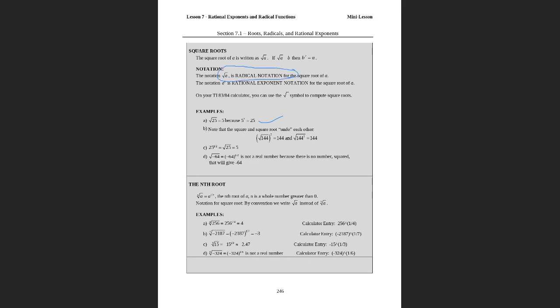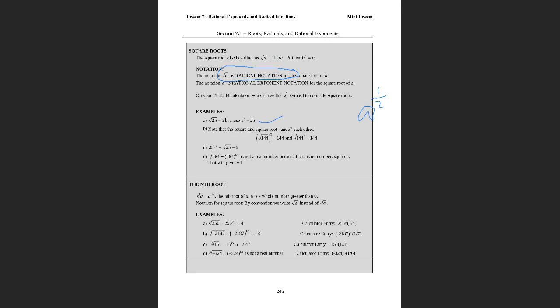And then a rational exponent notation is a to the power 1/2. That is a rational exponent notation. So here we see that it's written in a rational notation form. All right, the square root of 25 equals 5, because 5 squared equals 25. I already explained that with a and b.